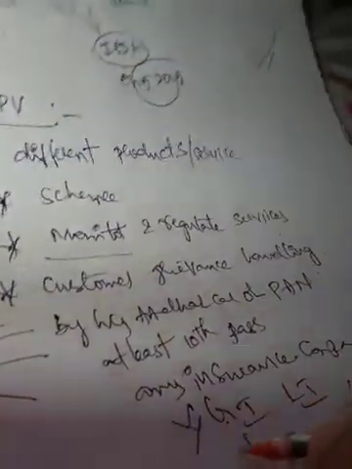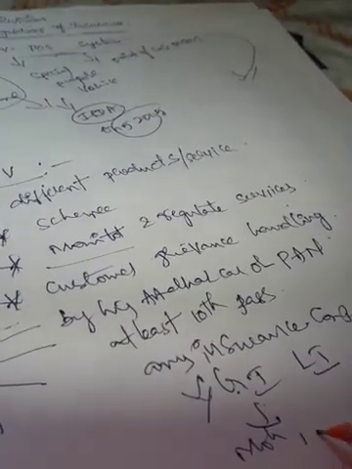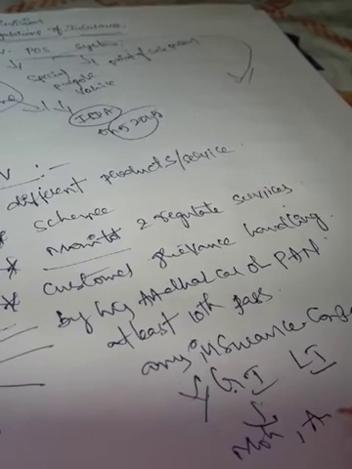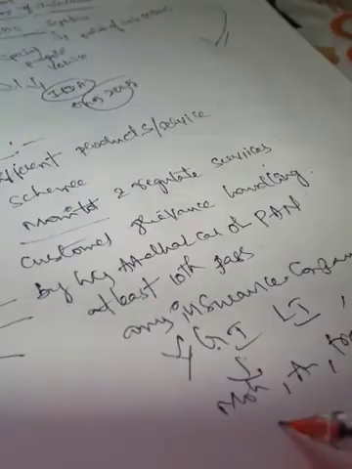In general insurance, he may sell a motor policy, personal accident policy, travel policy, home policy, or crop insurance policy.